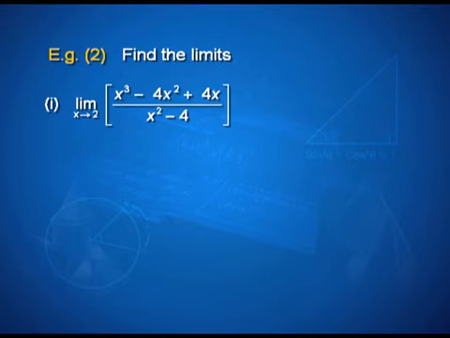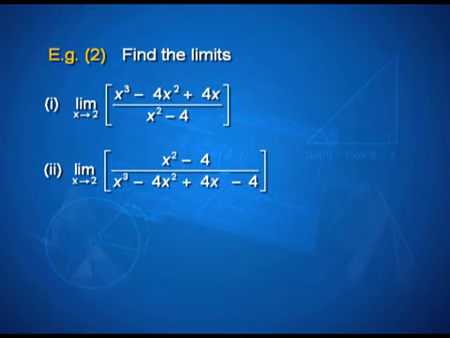Example number 2, find the limits of the functions. First question, limit of x cube minus 4x square plus 4x upon x square minus 4 as x tends to 2. And question number 2, limit of x square minus 4 upon x cube minus 4x square plus 4x as x tends to 2.